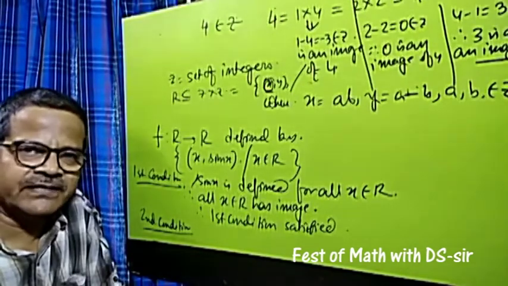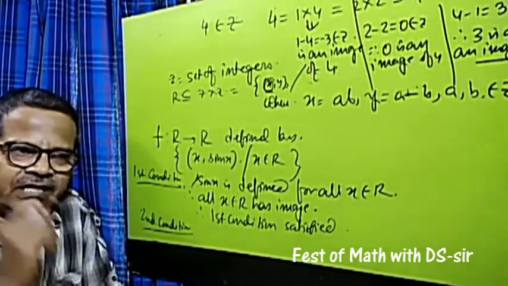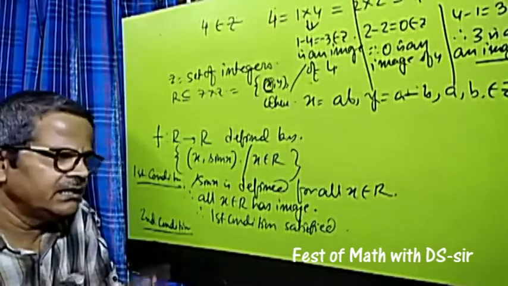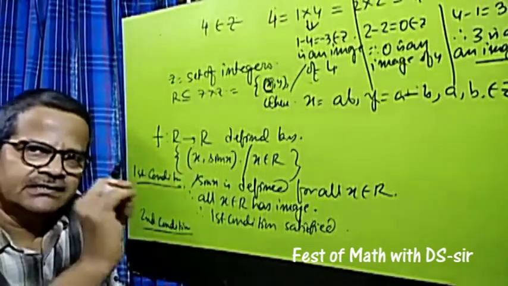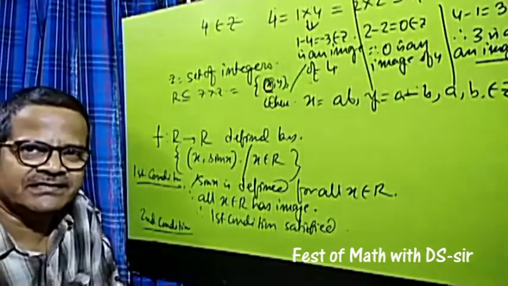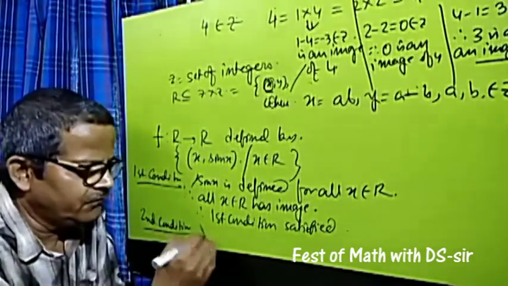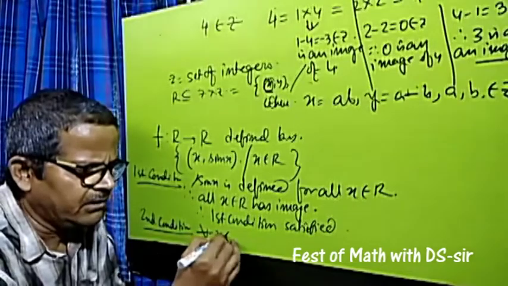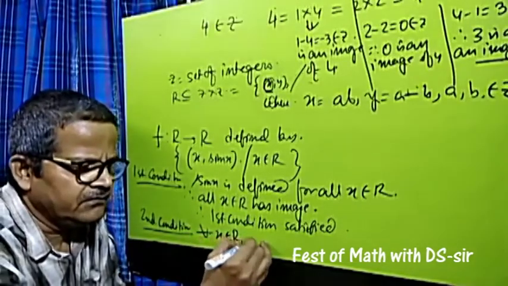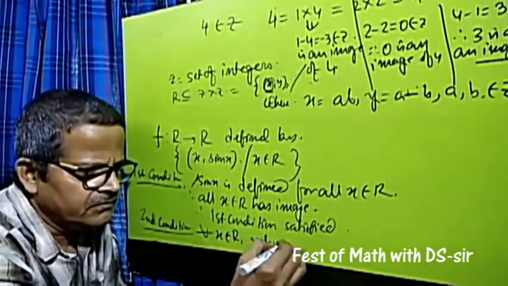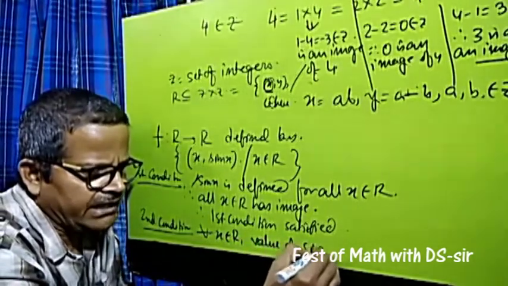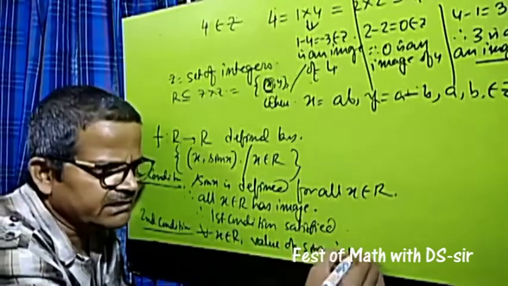See, no such value exists. For every x belongs to R, the value of sin x is specific. Sin x has exactly one value. For all x belongs to R, the value of sin x is unique.